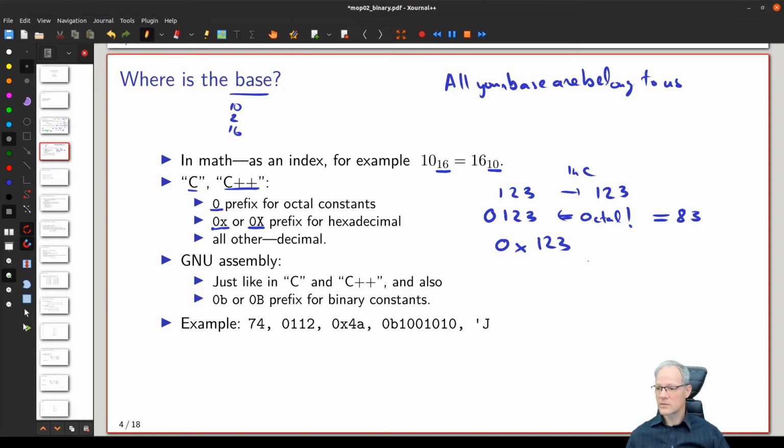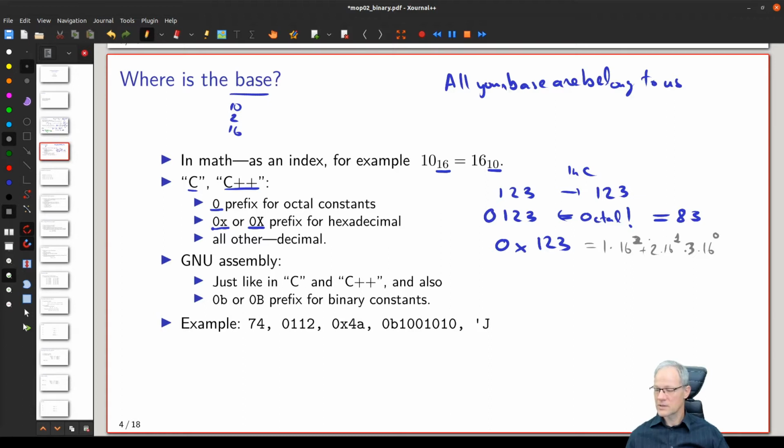So this is equal to 1 times 16 to the 3 plus 2 times 16 to the 2 plus 3 times 16. I think it's 16 to the 0, 16 to 1, and 16 to 2. You're right. So 16 to 0, 16 to 1, and 16 to 2.